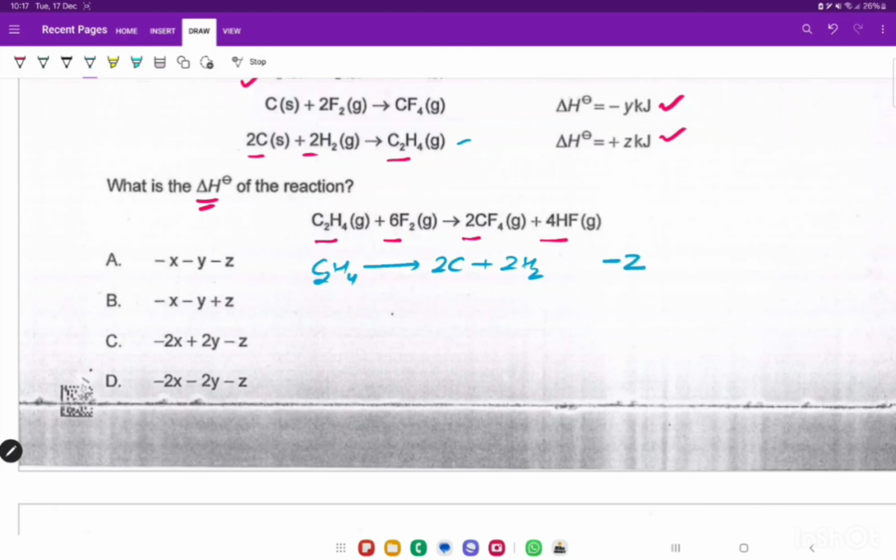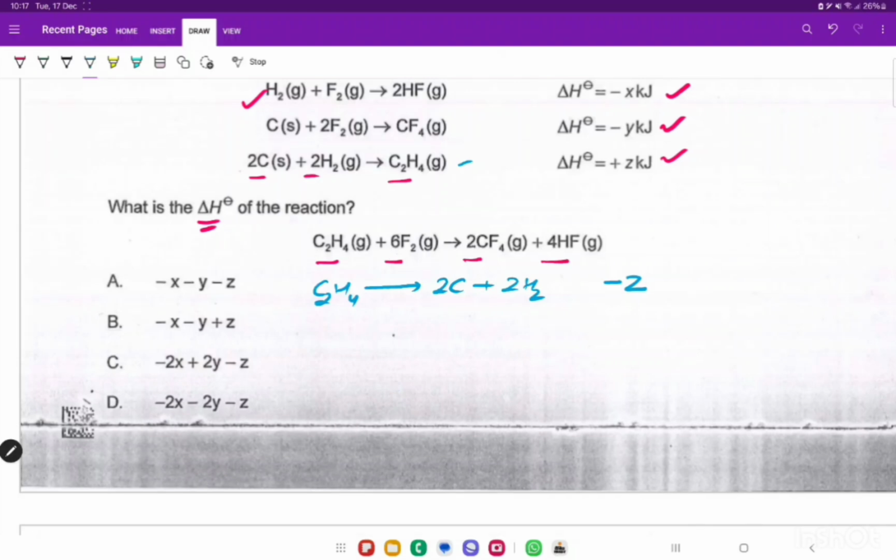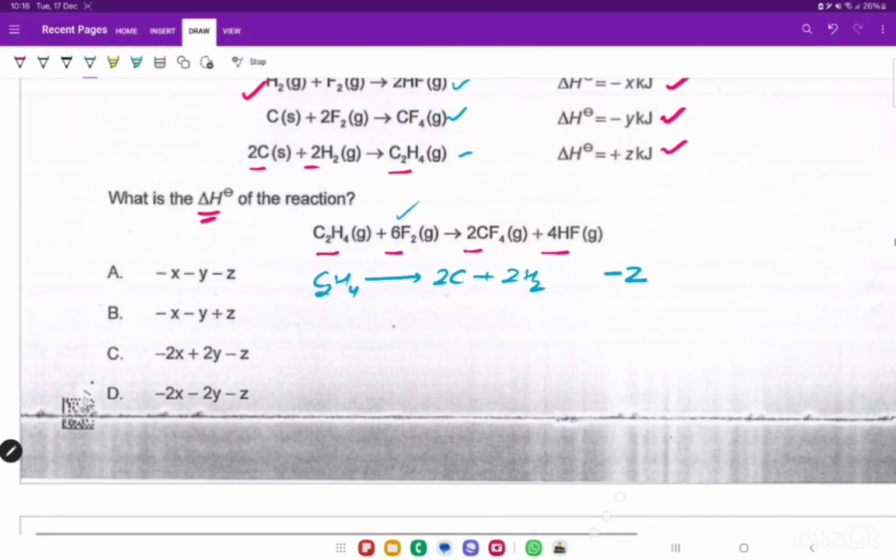Now next, fluorine is my next reactant. Fluorine is present in equation number 2 and equation number 1. The equation which I made has 2 atoms of carbon, and in equation 2 only 1 mole of carbon. There are 2 moles and 1 mole. I will multiply equation number 2 by 2 and add.